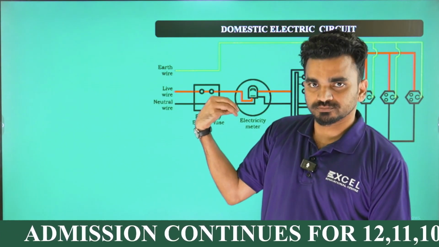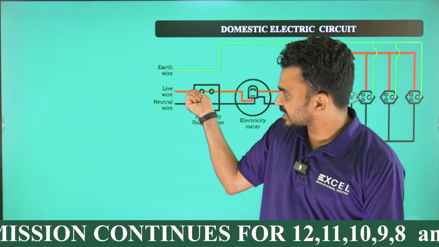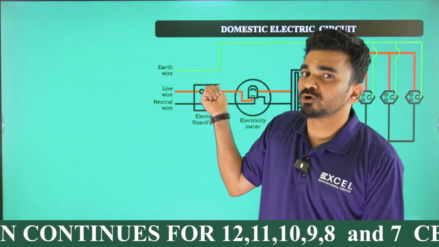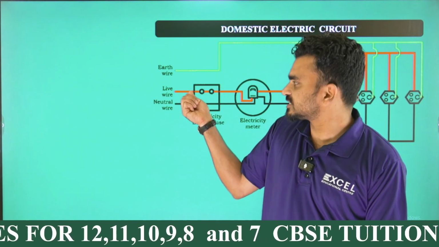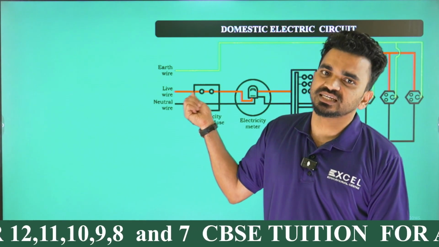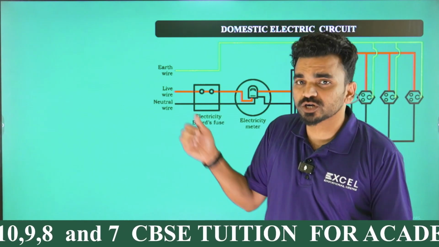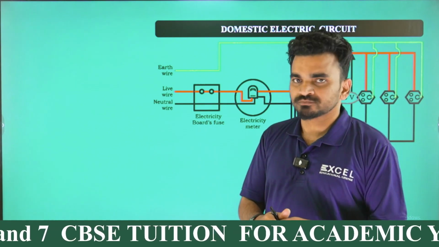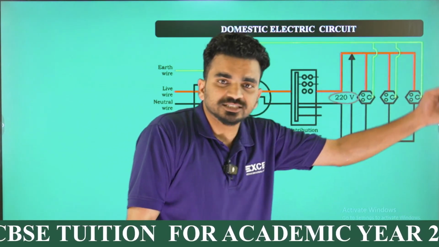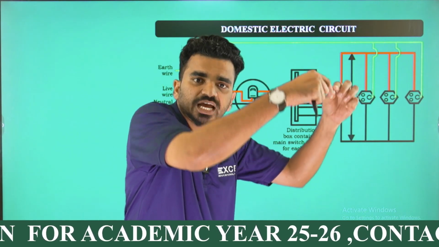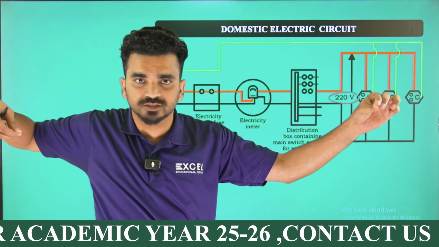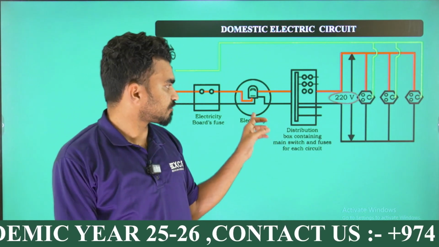So it has current, right? So it is more dangerous if you touch that wire directly. That's why it's marked red in color. It's also called the hot wire, phase wire. And for completing the circuit, the wire through which current returns back after entering the device, what do we call it?